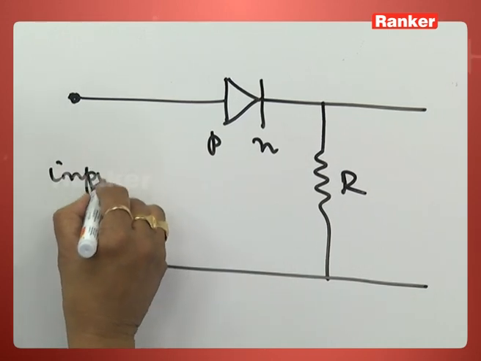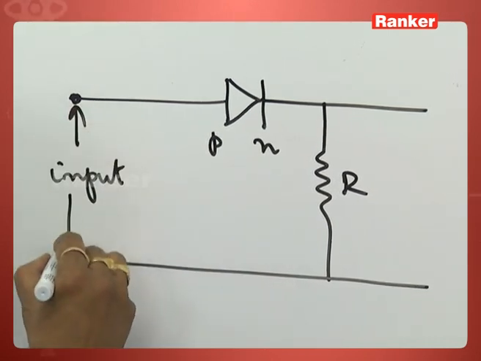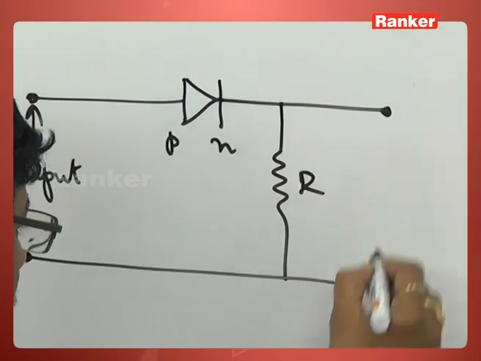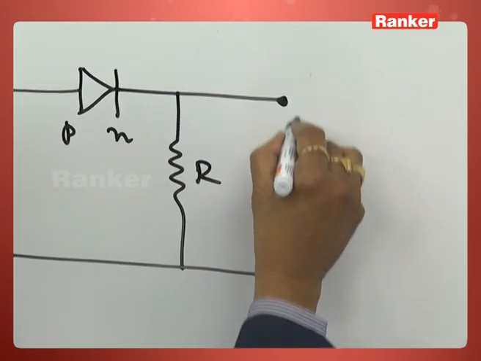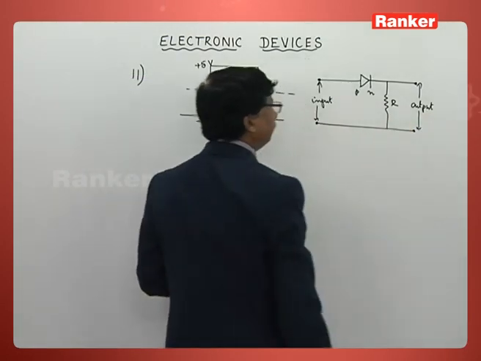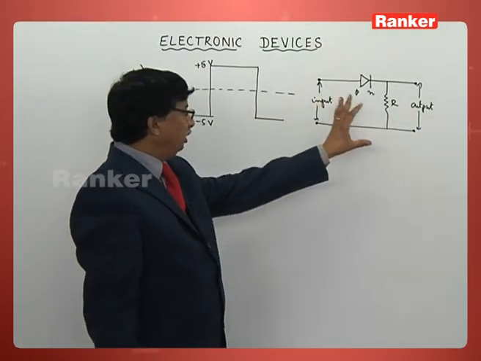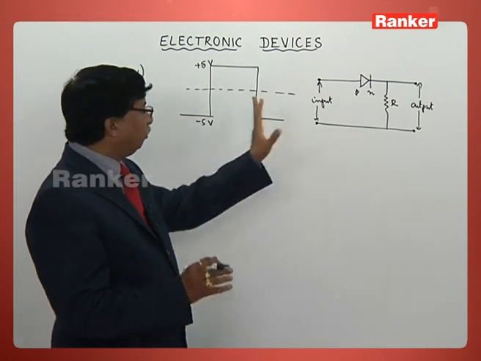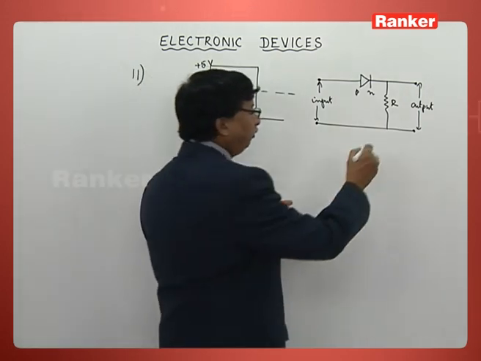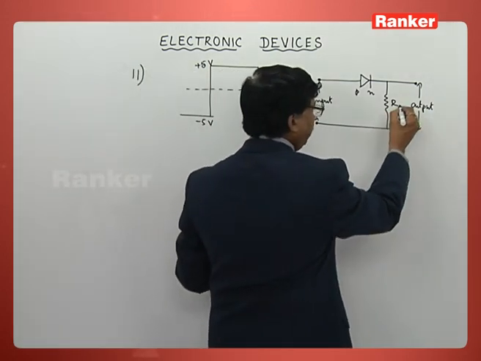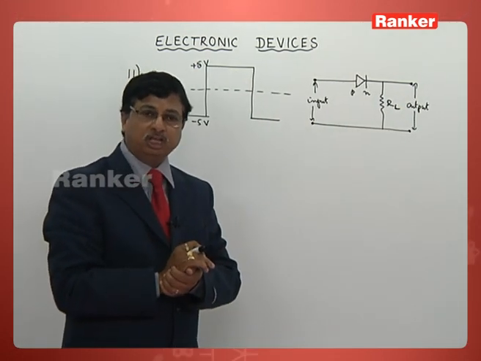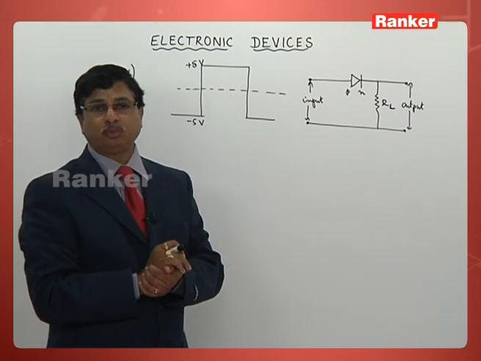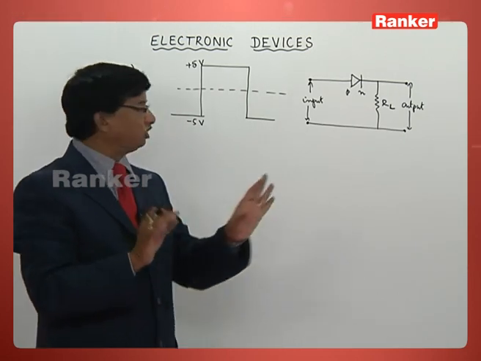In fact, you can understand these two are input terminals, and these two we can consider as output terminals. This value of resistance we generally call a load resistance. Across that load resistance only we extract the output. So, that is actually given.